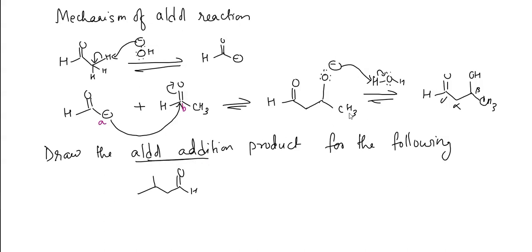That means you can do the whole mechanism like this. The first step is identifying the alpha hydrogen atoms, because the first step is the formation of the enolate. I'm going to turn this around to make sure my alpha carbons are more clearly seen. So this is my alpha carbon, and these are the alpha hydrogens.